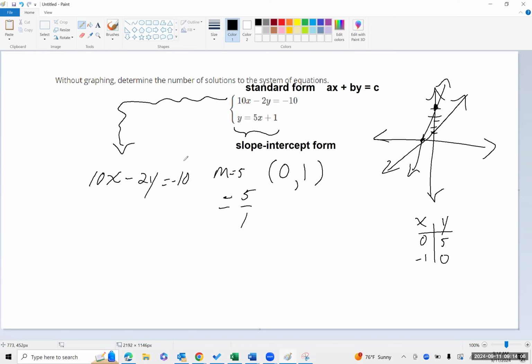So even though I've shown you the graph to give you a general idea of what's happening, let me take this equation that's in standard form and put it in slope-intercept form. So subtract 10x. Now, we like to write the minus 10x in the front. Divide by -2.